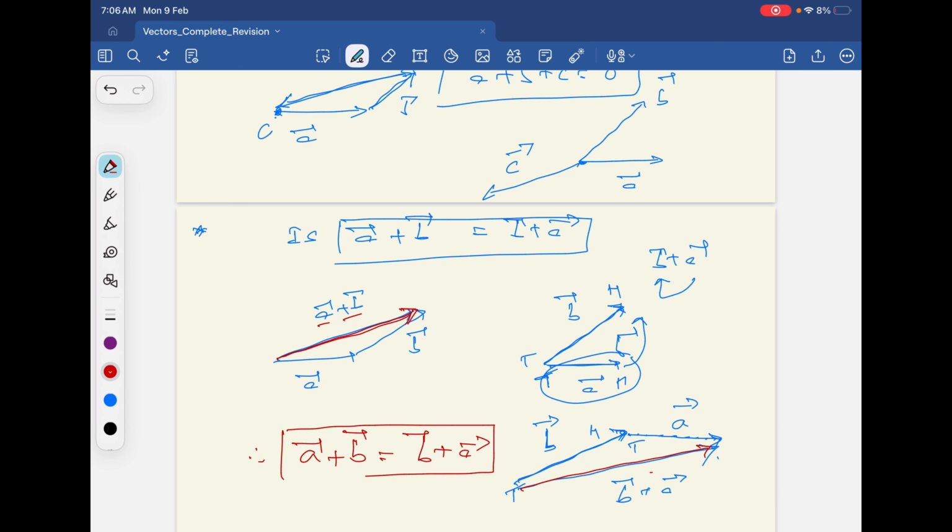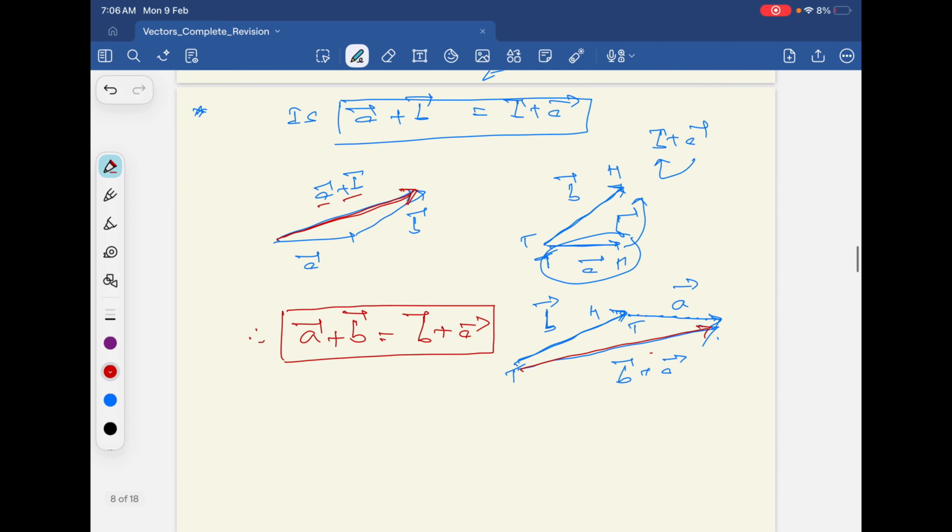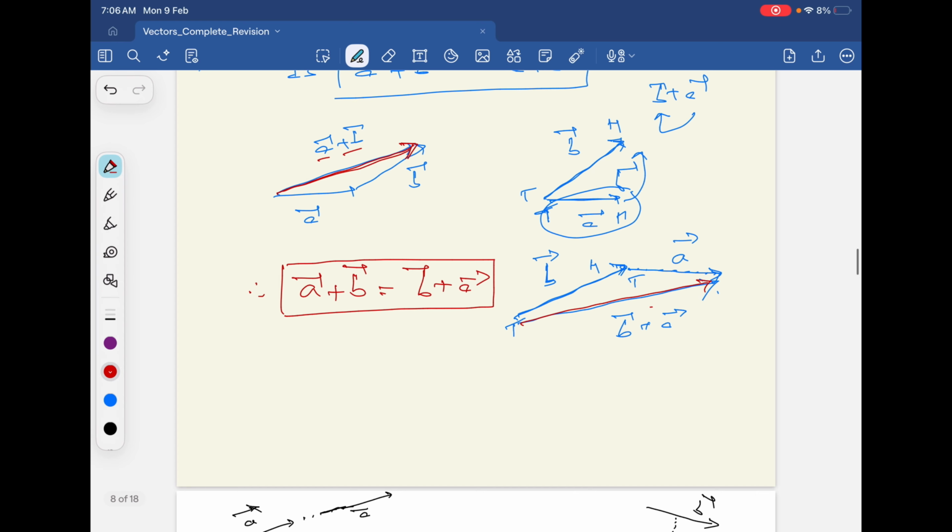Similarly, we can also prove that vector addition obeys the associative law: A bar plus the quantity B bar plus C bar is equal to A bar plus B bar plus C bar. You can prove this by using the same triangular law.